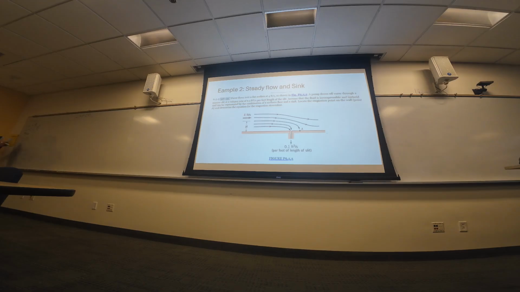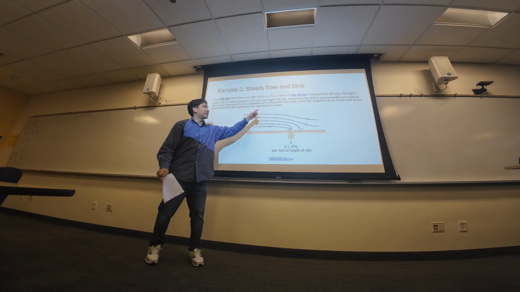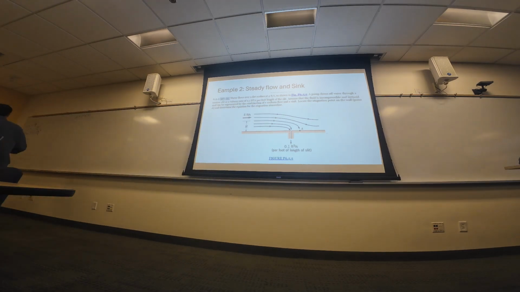This is not mass. This is given as 0.1 feet cubed per second. But like I said, this is tricky because it says feet cubed per second per foot. So that means you divide it by one more foot. Don't get your fractions wrong. You multiply by the reciprocal. So this becomes feet squared per second.